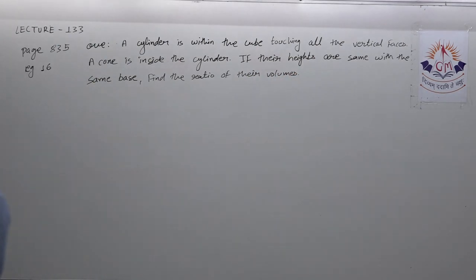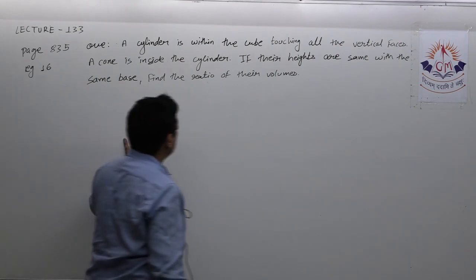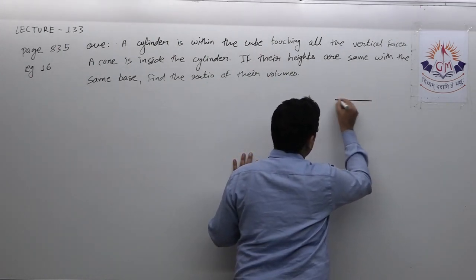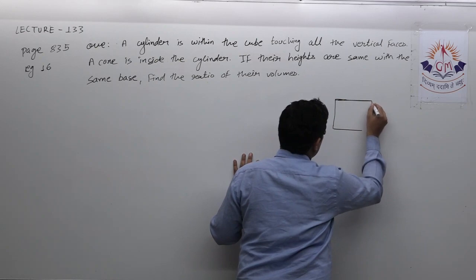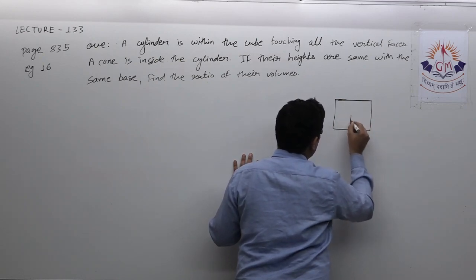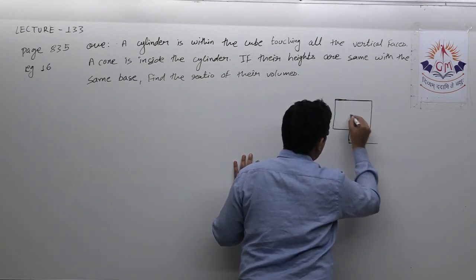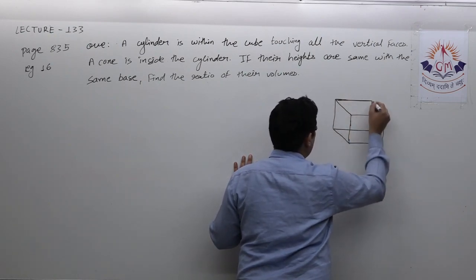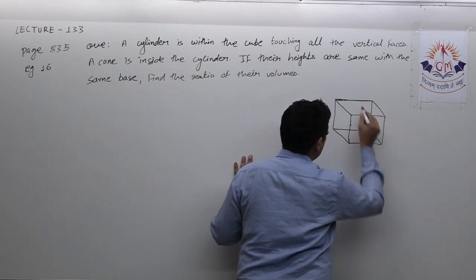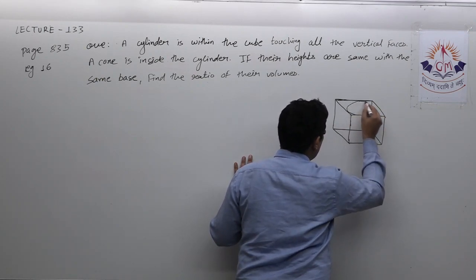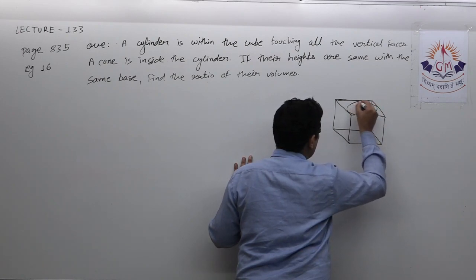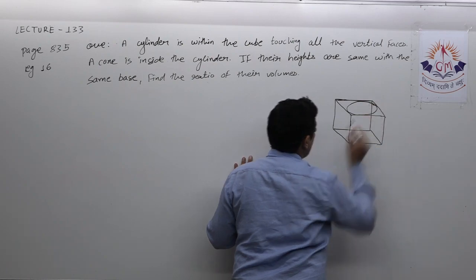Okay, so let us see how to solve this. It is given there is a cylinder which is within the cube. If I draw its diagram, it looks something like this. There is a cube and there is a cylinder within this, and it is also given that it touches all its faces.